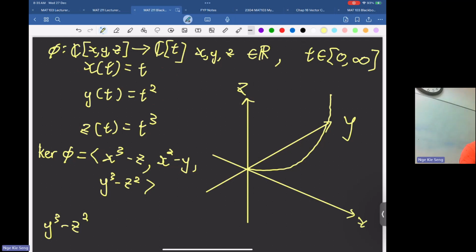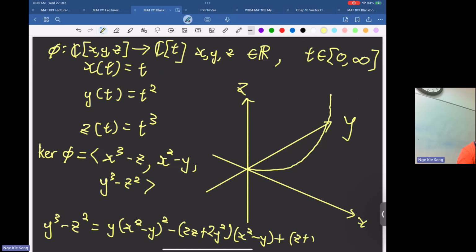It's pretty hard. You can get y times (x squared minus y squared minus zx) plus 2y squared times (x squared minus y plus z) plus xy times (x cubed minus z).